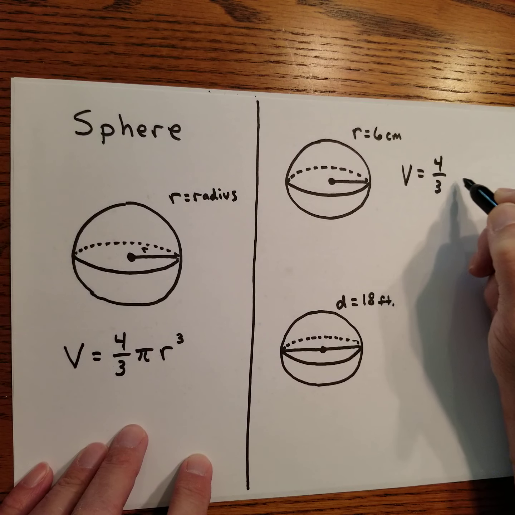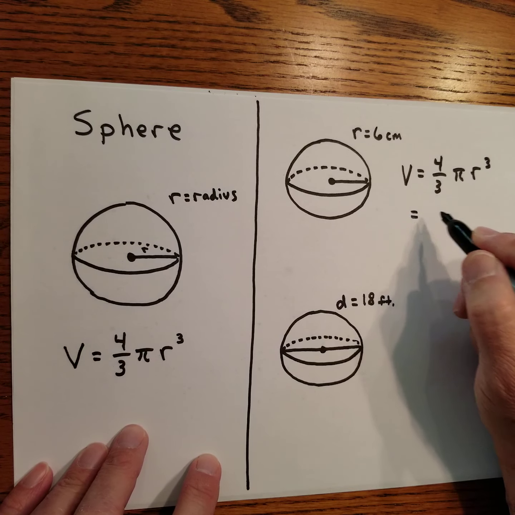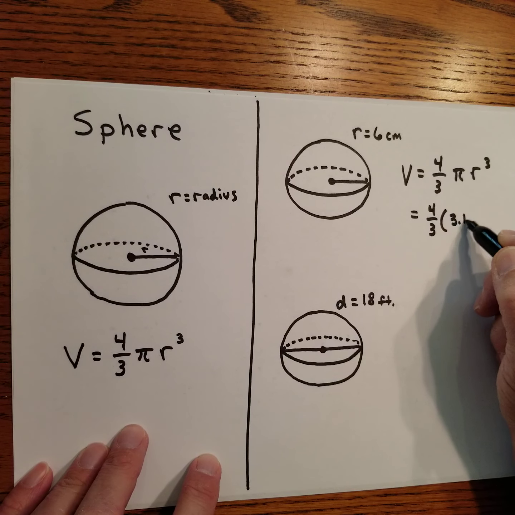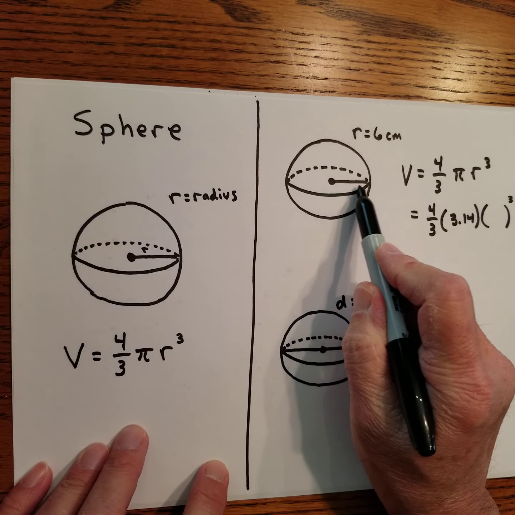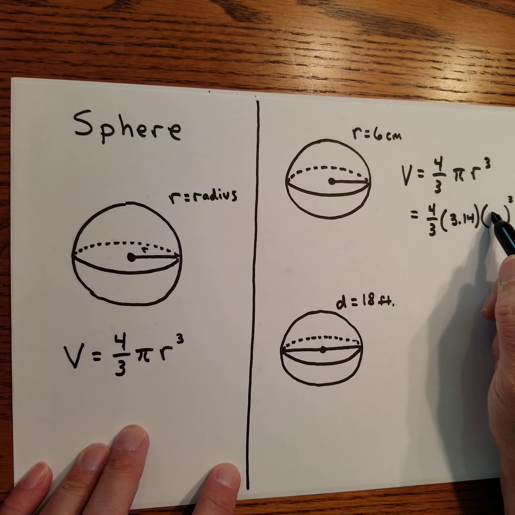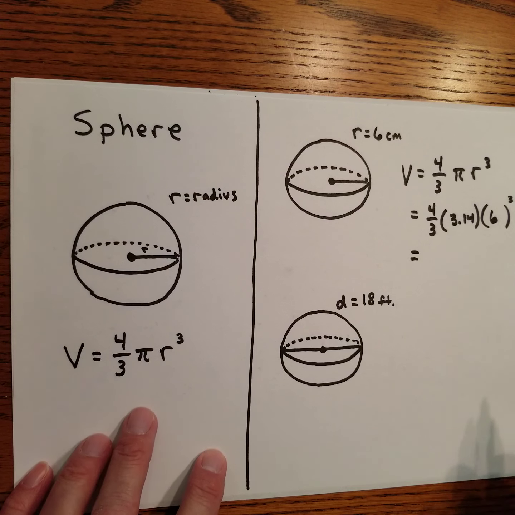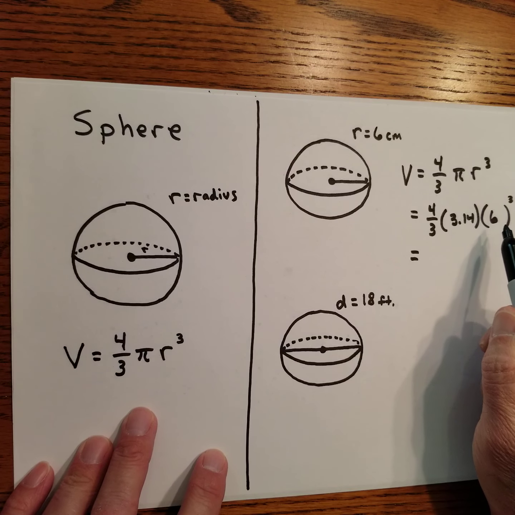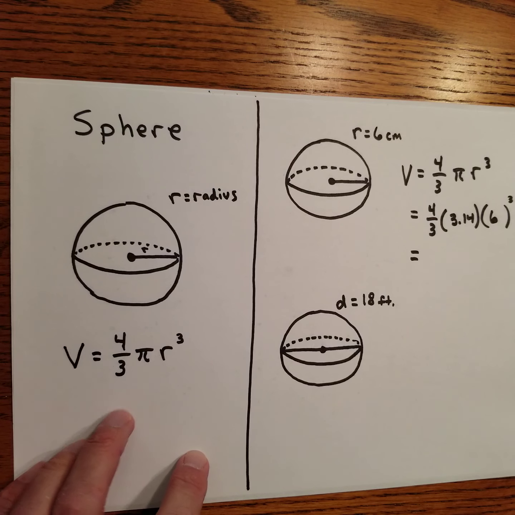Volume is 4/3 pi r cubed. That's 4/3. For pi, we'll use 3.14. And the radius in this problem was 6. On my calculator, I'll go 3.14 times 6 times 6 times 6 times 4, divide by 3.